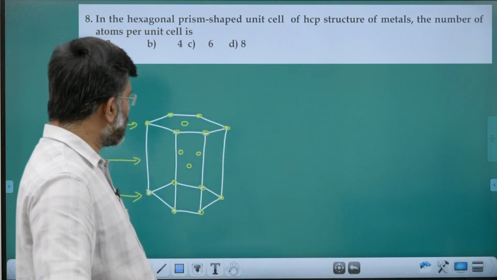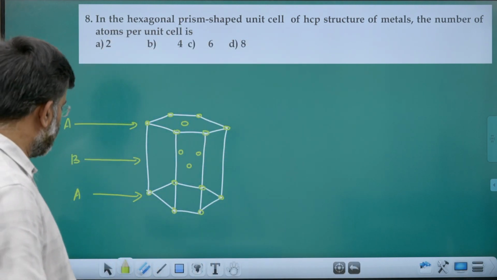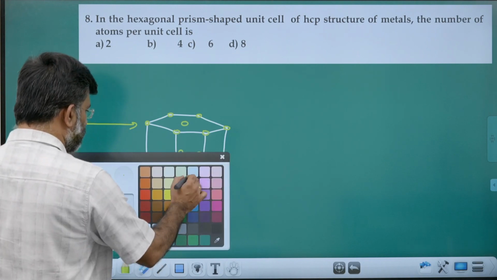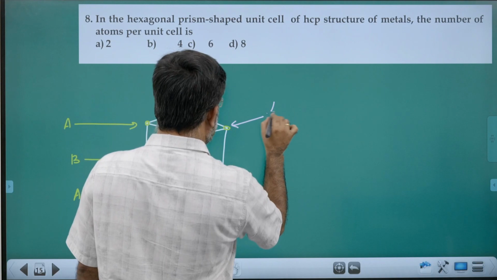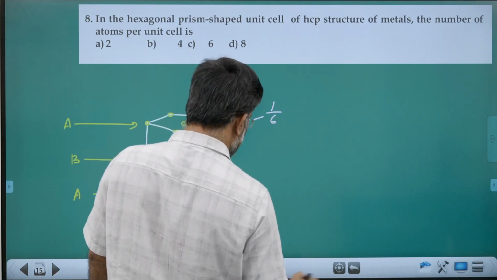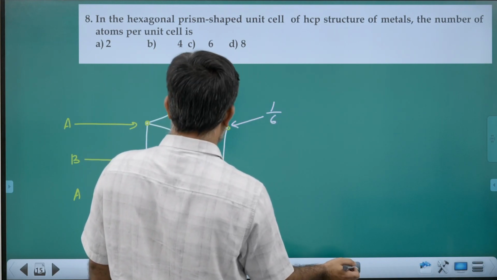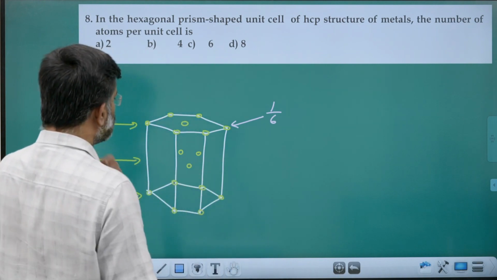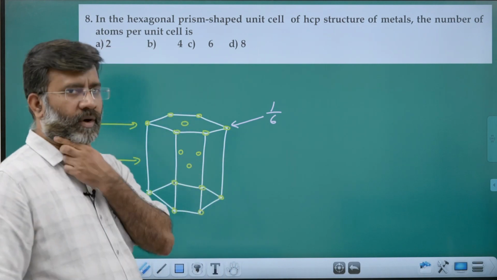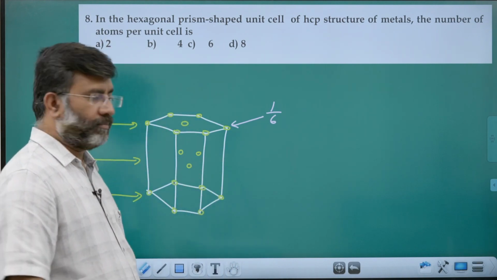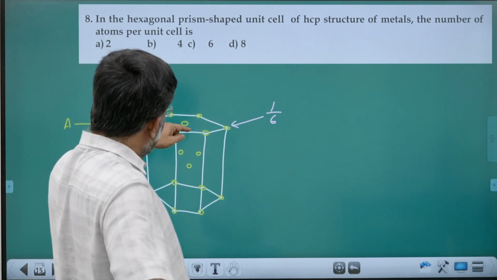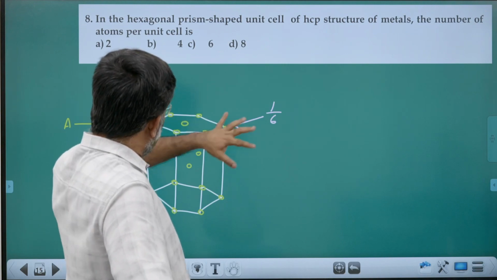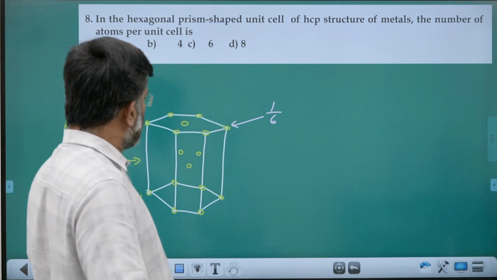And what is the contribution of each particle? That too you know. The contribution of this particle will be 1/6th, isn't it? Because there will be 3 unit cells in the same layer and 3 on the top layer.